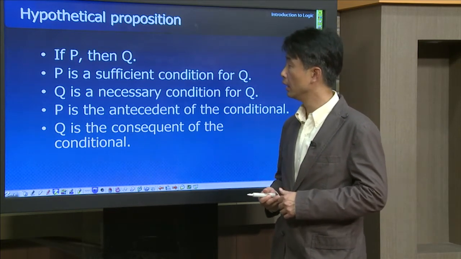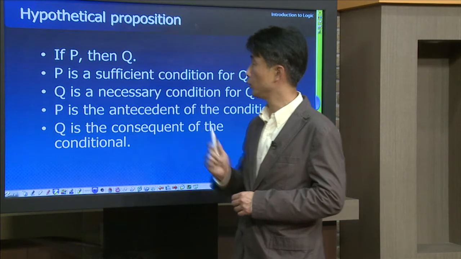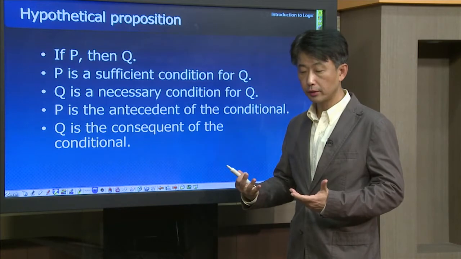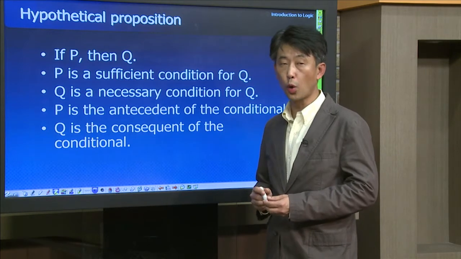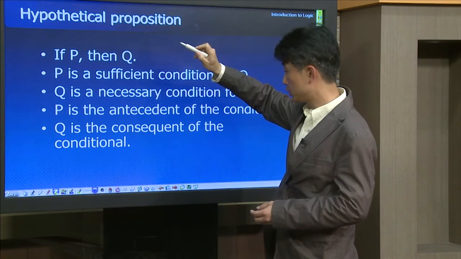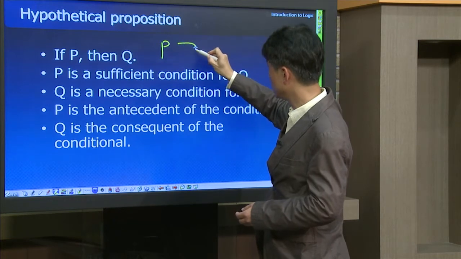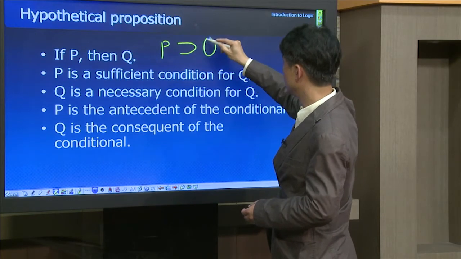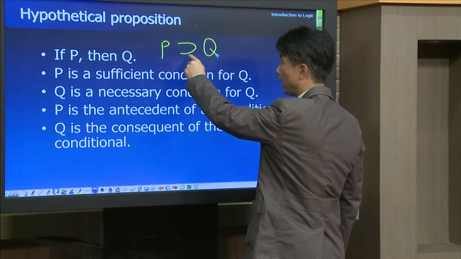In English, typically it's expressed by saying if P, then Q. In the next chapter, chapter 12, we will see that logicians use what's called the horseshoe to symbolize that. So logicians use this sign, the horseshoe, to symbolize a hypothetical proposition. Okay. So this means if P, then Q.